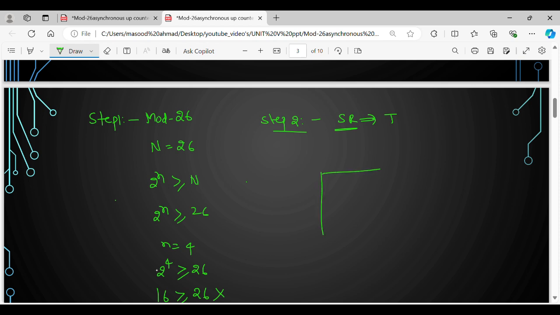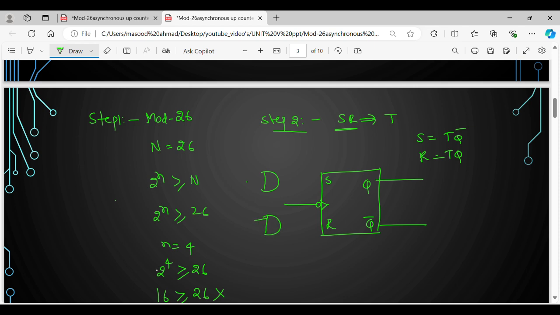Let me show that. We will give the S input and the R input, and there is a clock for the flip-flop, which has outputs Q and Q bar. From the conversion process, we got the expressions S is equal to T Q bar, and R is equal to T Q. So you take one AND gate and another AND gate.